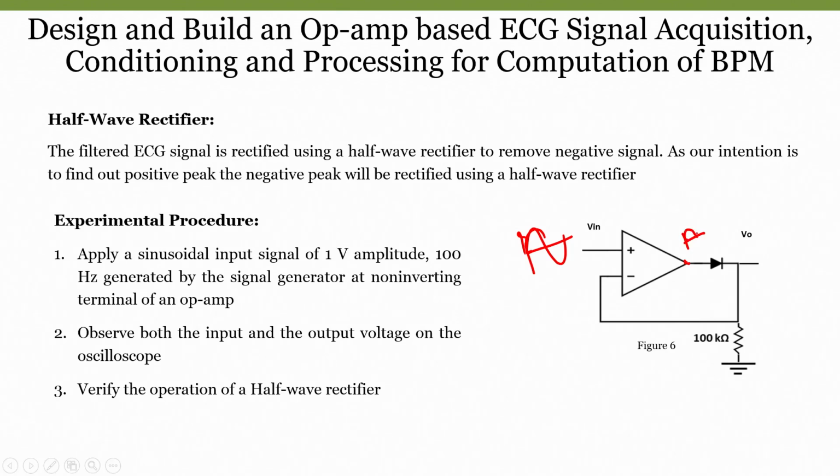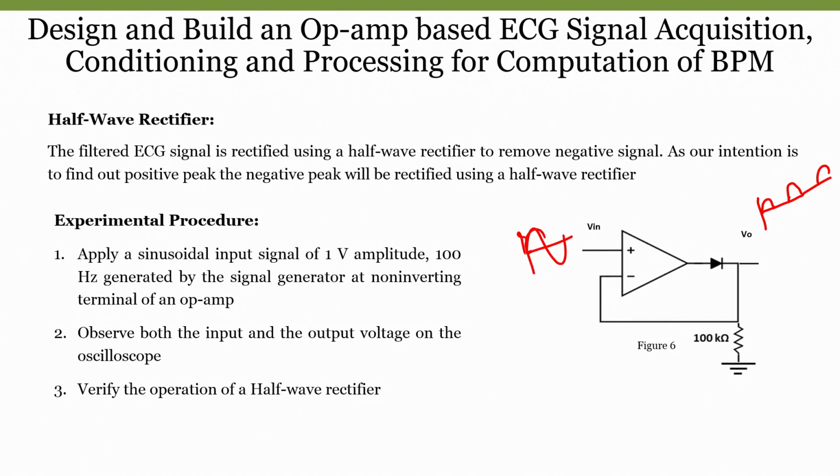Because of this positive peak, the diode will be in forward bias condition, so we will get a positive peak. Now, during a negative peak, since it is a voltage follower, we would get a negative, but the diode will be in reverse bias condition, so we will not get anything, though the diode will have some cutoff. Ideally speaking, we will not get any negative, and similarly for another positive peak. So, as a result, when we pass through this circuit, we will get only positive peaks.